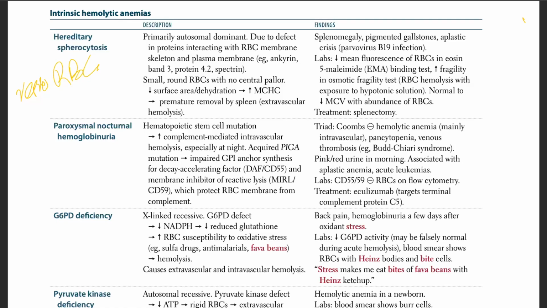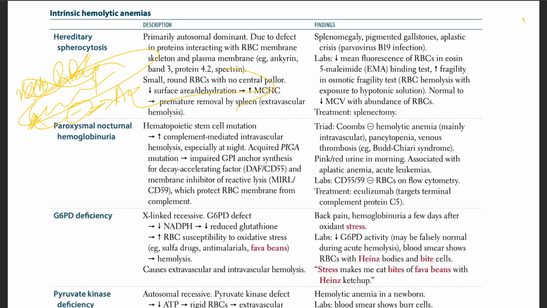But if you have some RBC defect, you have no reservoir. You need continuous RBC production, and this parvovirus inhibits that, leading to anemia. But after some time, it's self-limited. It's going to go away and they'll be able to produce RBCs.